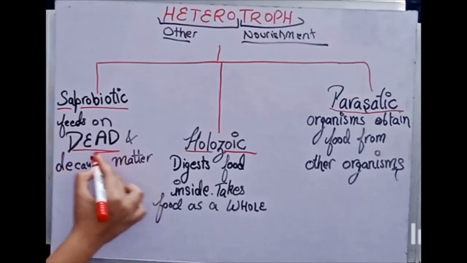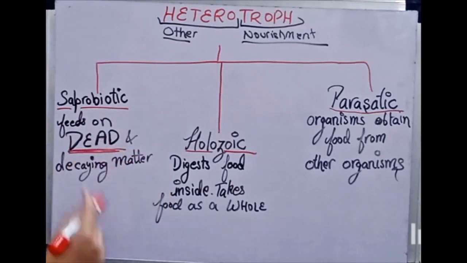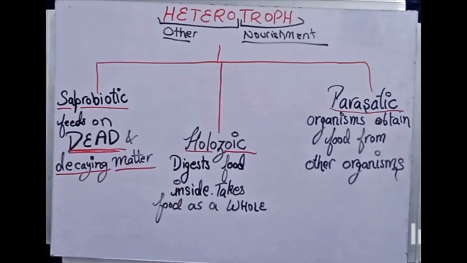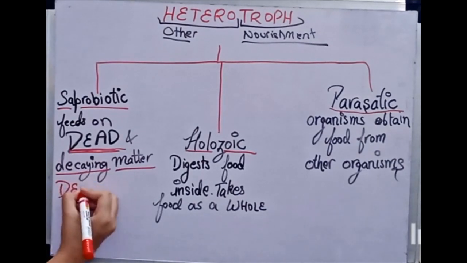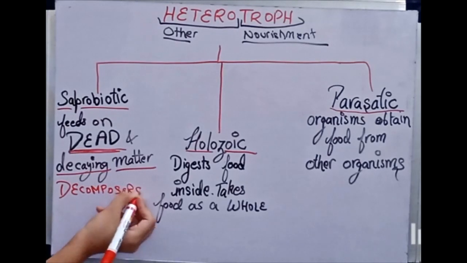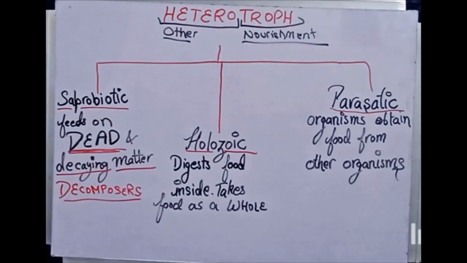Saprobiotic feeds on dead. The term that differentiates it from the other two is that this kind of organism feeds on dead and decaying matter. Hence, they are also called decomposers. As we learnt in our previous classes, there are many organisms that feed on dead and decaying matter, and we call them decomposers, and they are quite important for our planet, right?